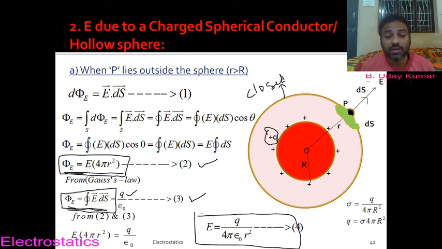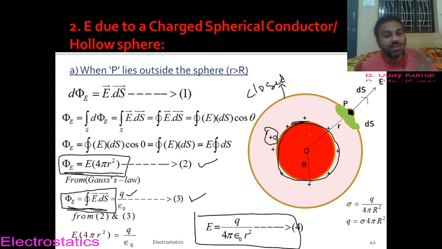But remember, this point P was outside the conductor. This is the conductor on which plus Q amount of charge is there, and we are trying to find the electric field intensity of this charged spherical conductor at a point P which is present outside the sphere. This is our system, and we are trying to find the electric field intensity due to this system at a point P outside this charged spherical conductor.